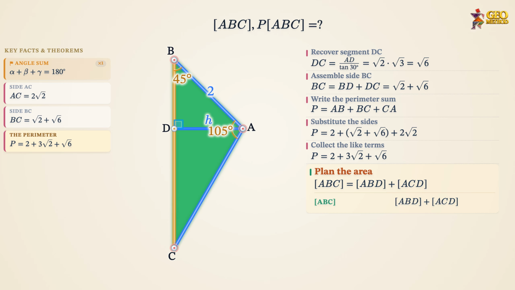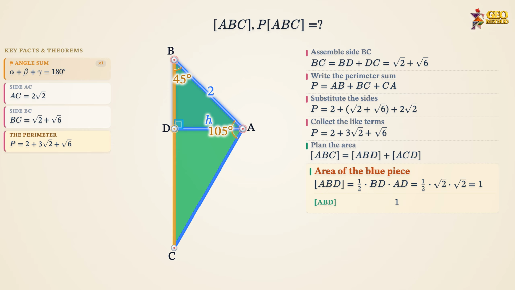For the area, the altitude already cut the triangle into the blue piece and the gold piece. So the area of triangle ABC is simply the sum of those two right triangle areas. Let us find each one. The blue triangle ABD has base segment BD and height segment AD, both root 2.